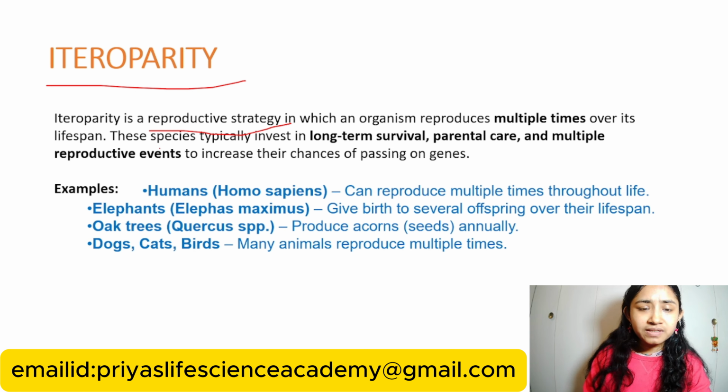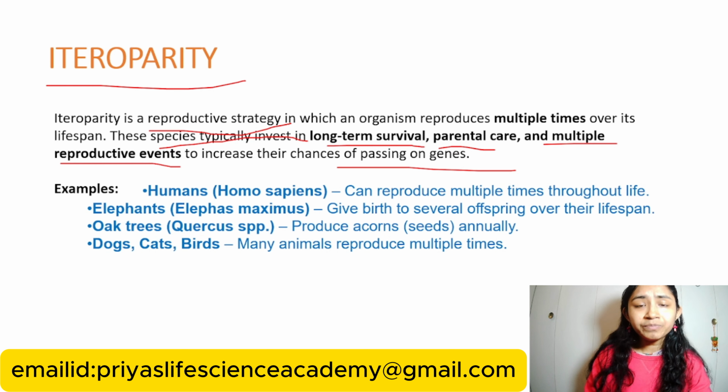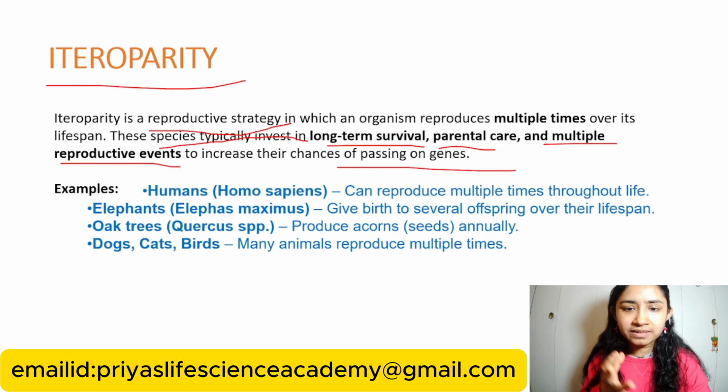These species typically invest in long-term survival, parental care, and multiple reproductive events to increase their chances of passing on genes. So humans, Homo sapiens, can reproduce multiple times throughout life.